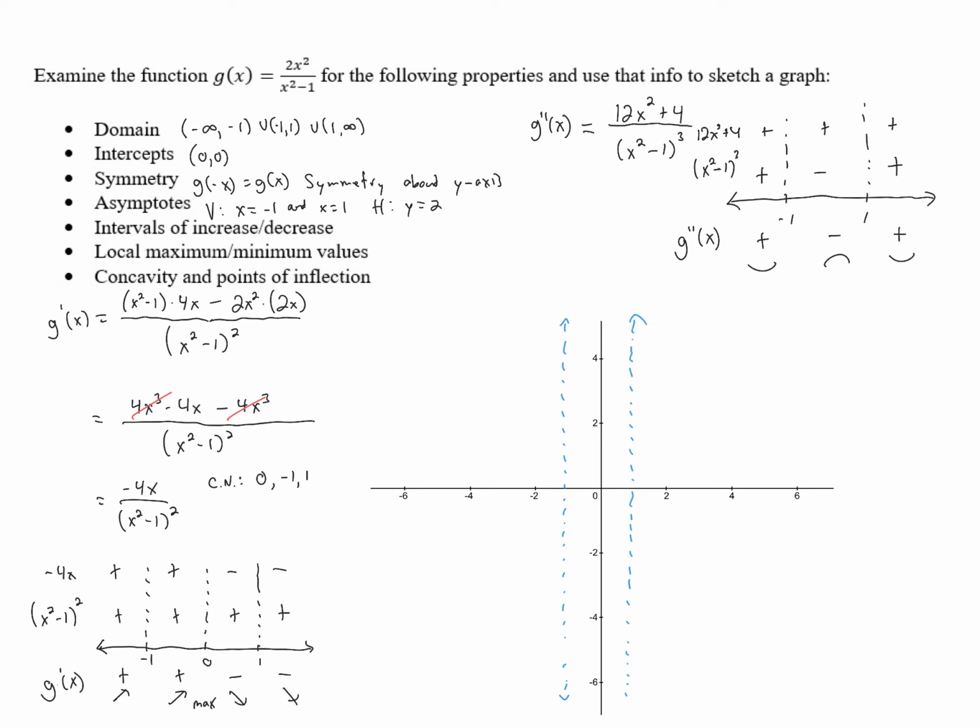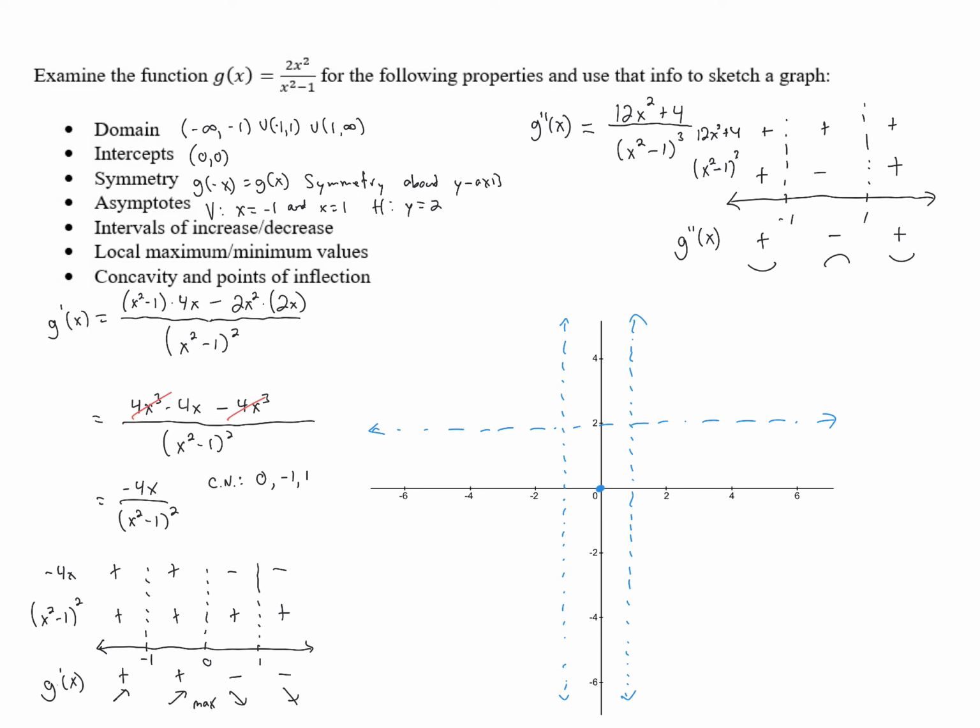We also had a horizontal asymptote at y equals 2. And then we did have one point to plot. It was both an intercept and a local maximum at (0, 0).